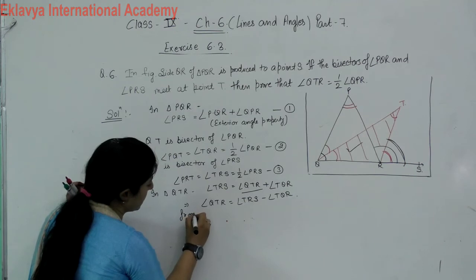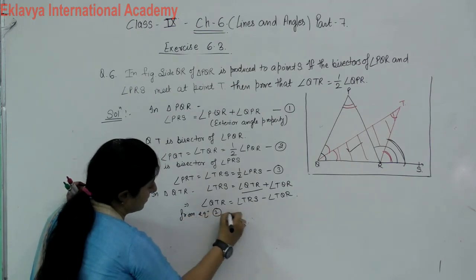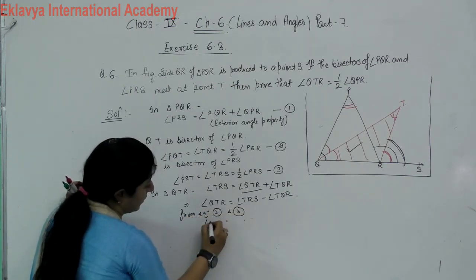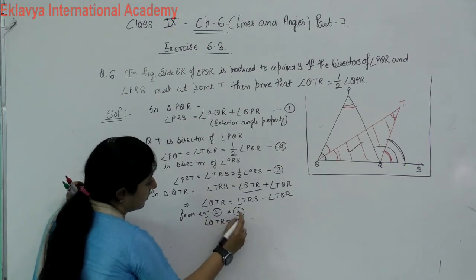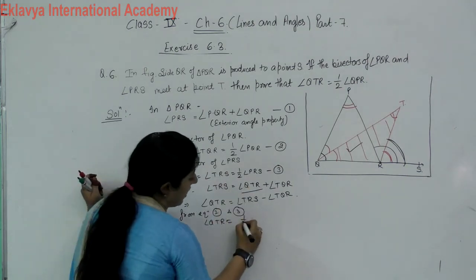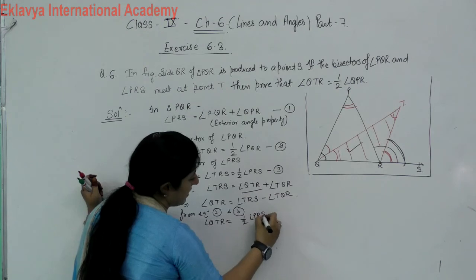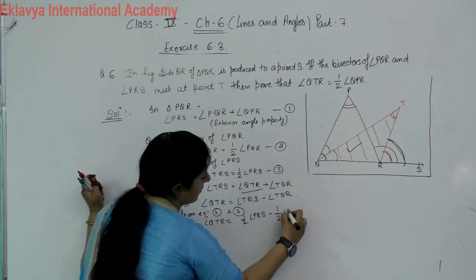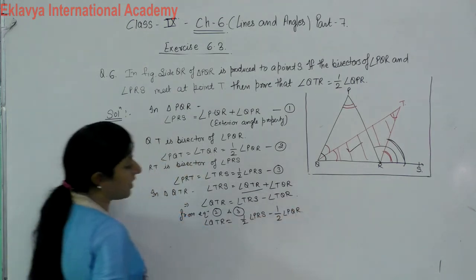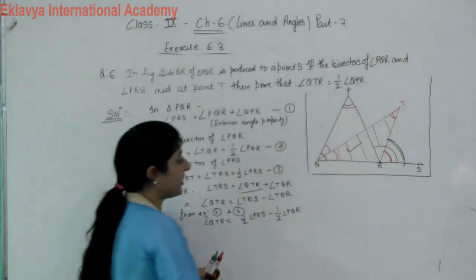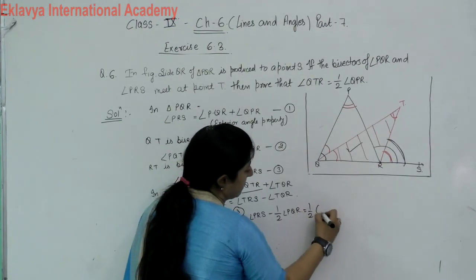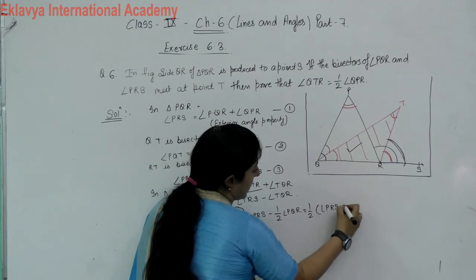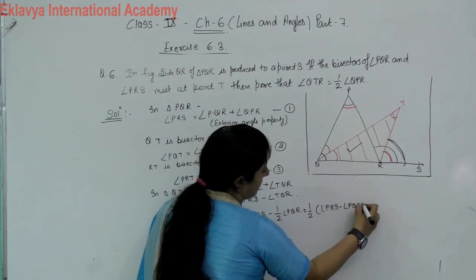Then QTR is equal to half of PRS minus half of PQR. Half we can take common, then it becomes half of PRS minus PQR.